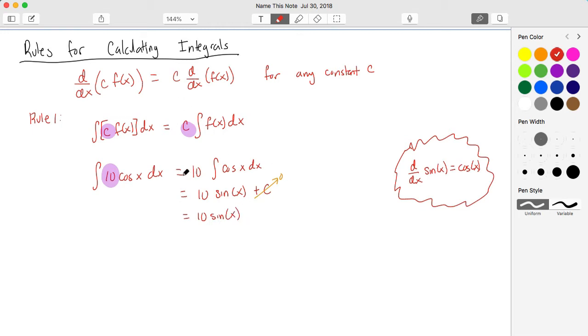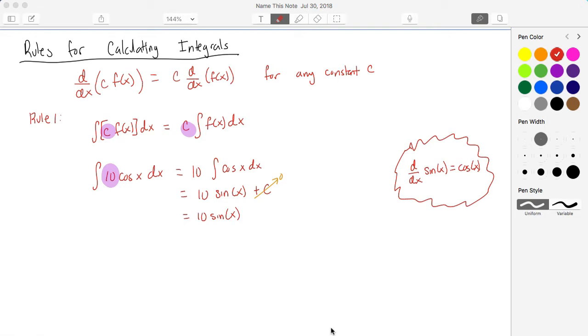This is rule number 1. Whenever you have a constant in front of your function, you can take it out of the integral and integrate as if you were just working with the function, and multiply it times the constant that you started with in the beginning.